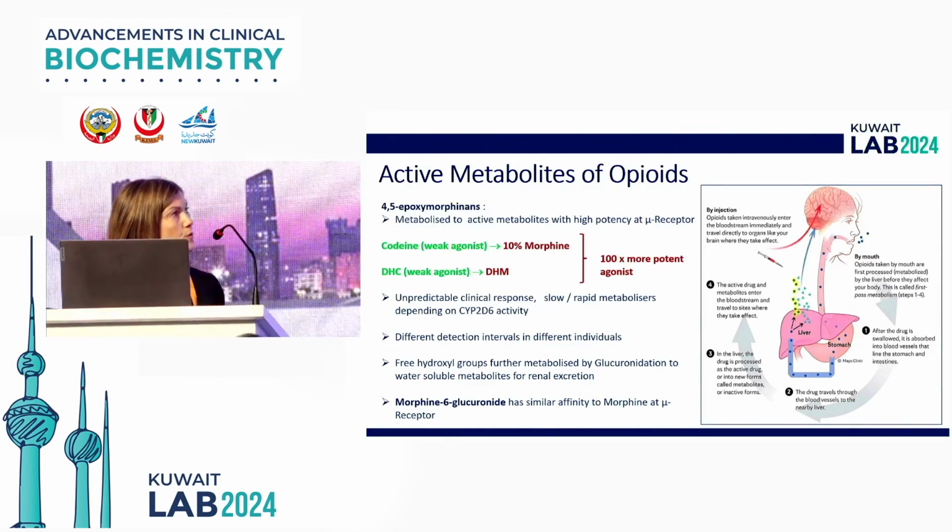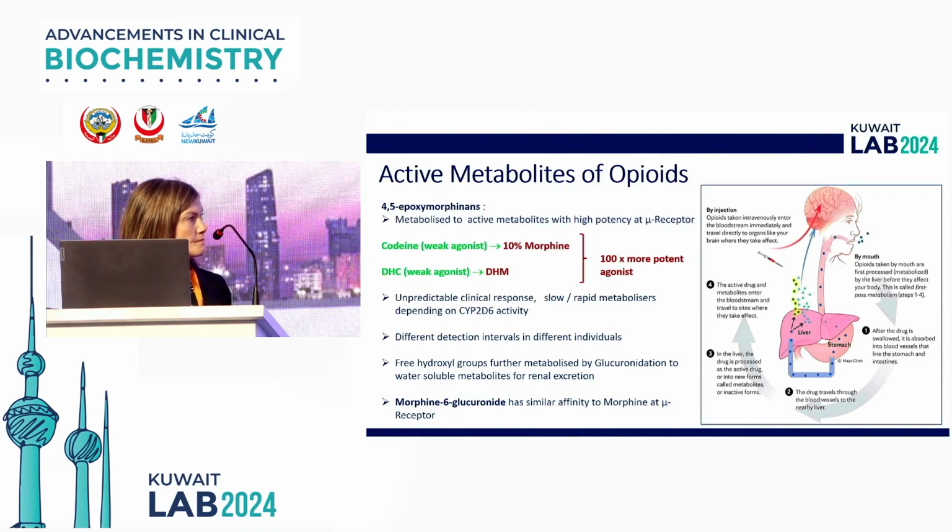So codeine is a weak agonist, and 10% of codeine is metabolized to morphine, which is 100 times more potent at the mu receptor. Similarly, dihydrocodeine is a weak agonist, and that is metabolized to dihydromorphine, which is 100 times more potent at the mu receptor.